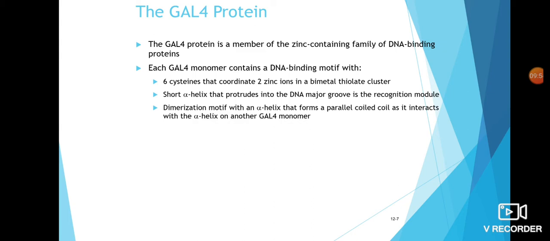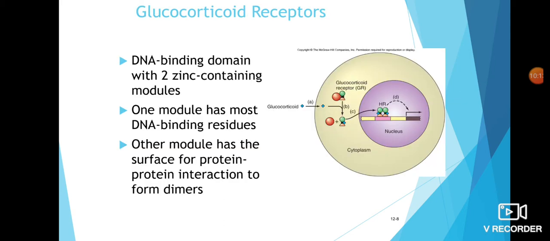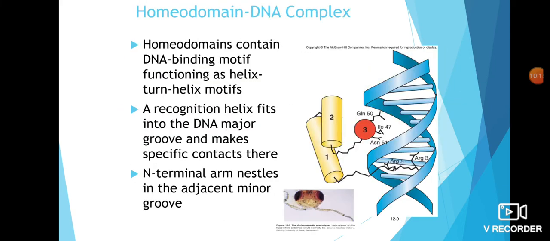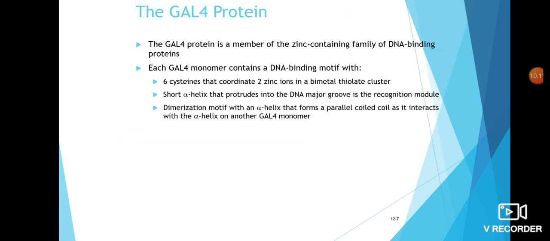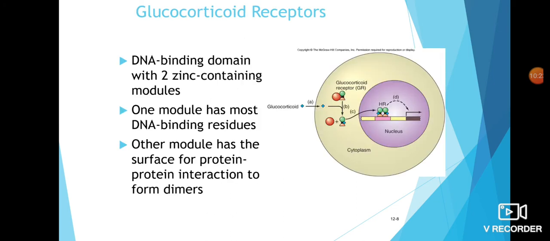So remember this word: a short alpha helix that protrudes into the DNA major groove is the recognition module, and the dimerization motif has an alpha helix that forms a parallel coil as it interacts with the alpha helix on another GAL4 monomer. You will see the structure and understand. Somehow the structure is not there in this slide. Well, fine. We are going to the next one.